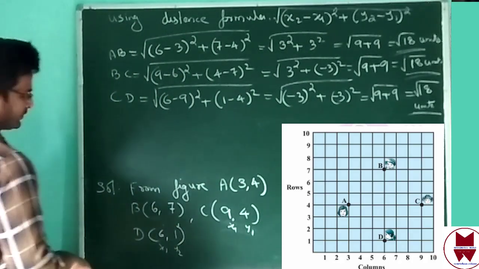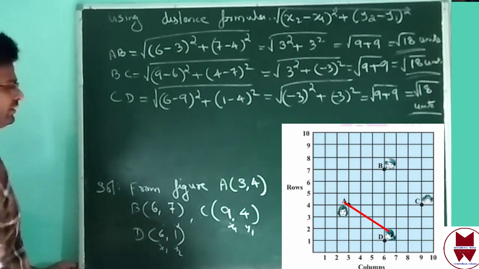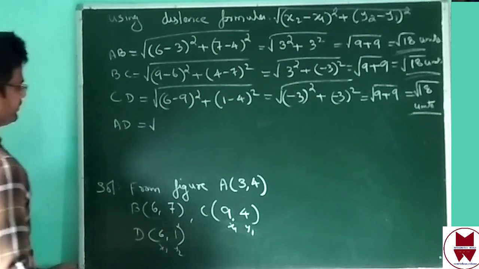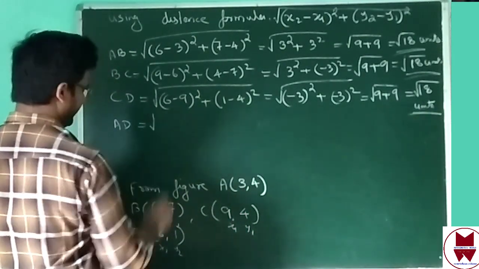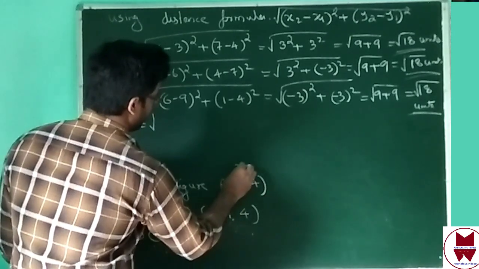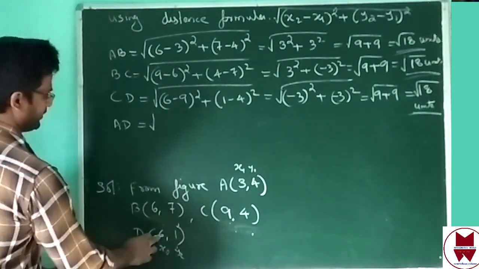Then last, we can find out, check that figure, AD, isn't it? AD, square root of x2 minus x1, A and D. A and D means x1, y1 is x2, y2. That is 6 minus 3.